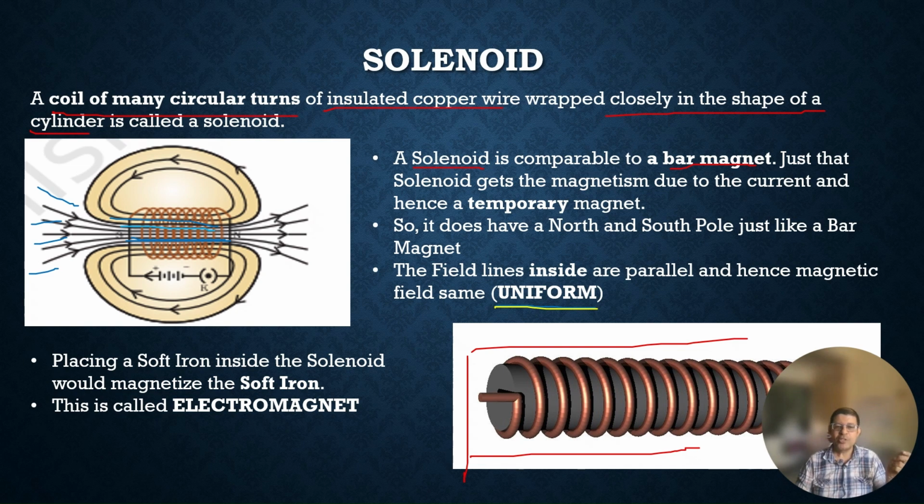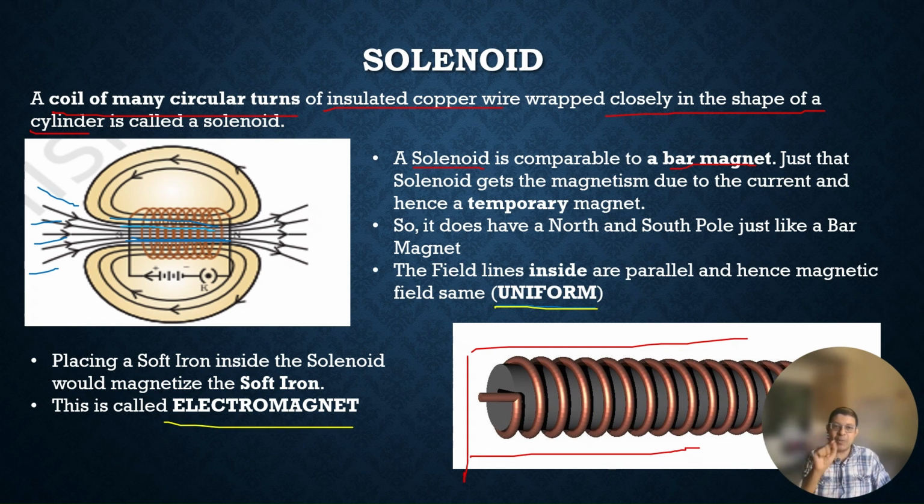So when you put the soft iron in the solenoid and the current is passed in the copper wire, that is a solenoid of multiple turns, then we'll see that this rod gets magnetized. It will become like a magnet. So this is a temporary magnet. It is also called an electromagnet.